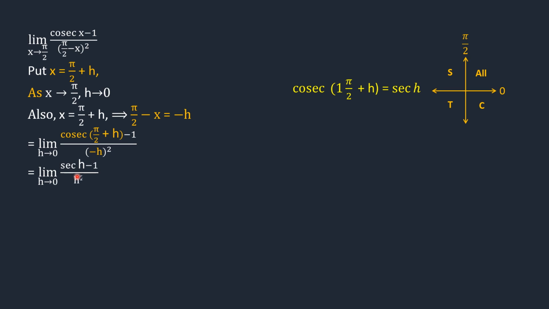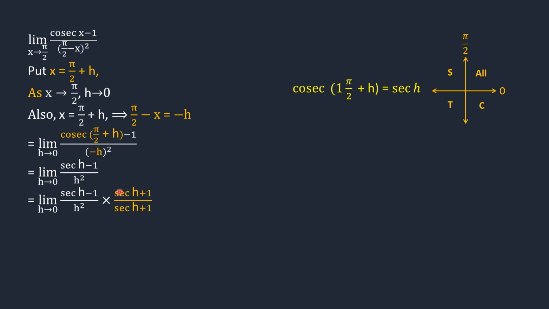Here we have sec h minus 1 divided by h square. Now we will multiply numerator and denominator by the conjugate of sec h minus 1, which will be sec h plus 1 divided by sec h plus 1.